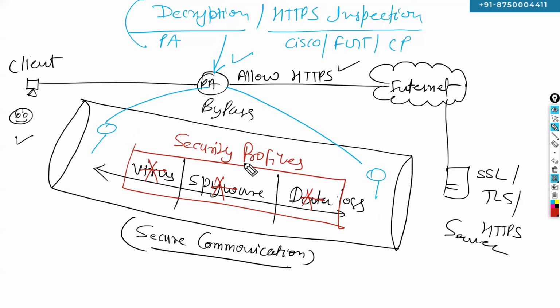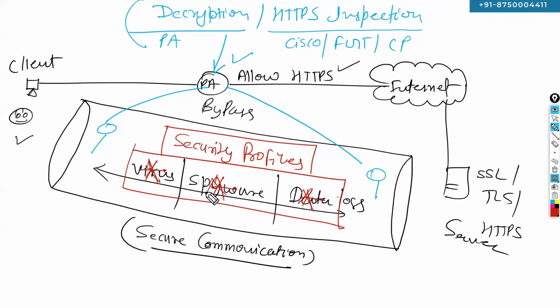But security profiles can block the attack only if someone converts the encrypted data into plain text format. And who can do this? Yes, SSL or HTTPS inspection or decryption can convert the encrypted data into plain text format. It means we can see, and when we can see, with the help of security profiles, we can block virus, spyware, and data loss.